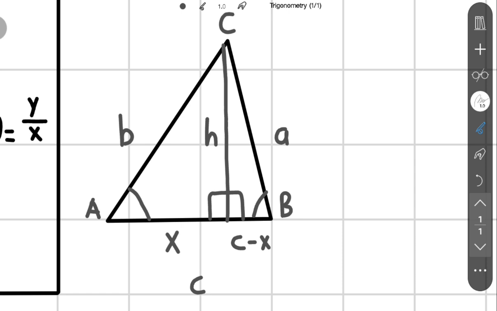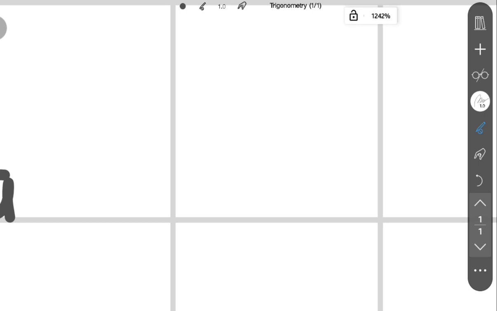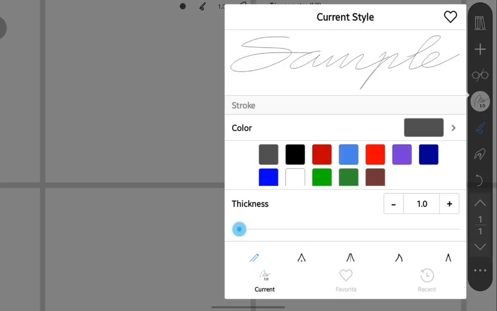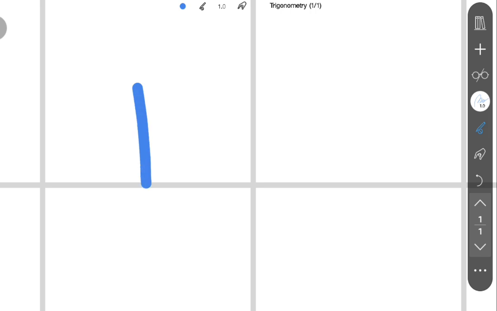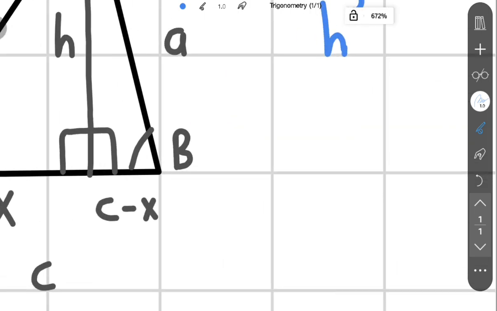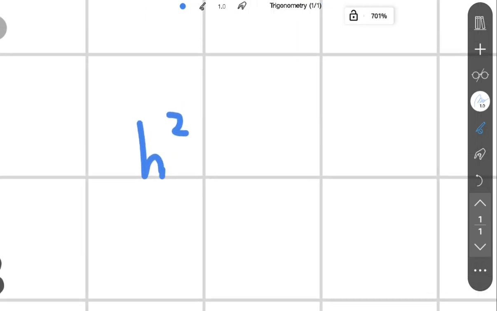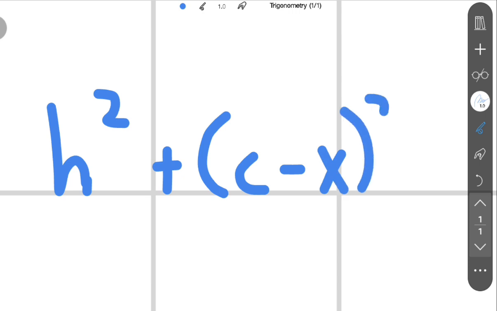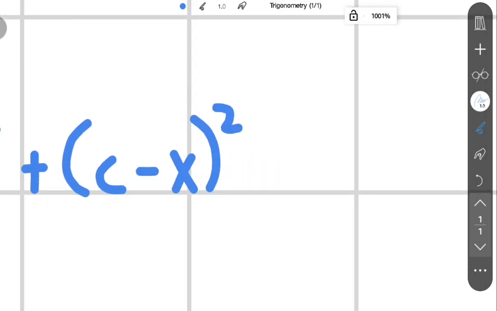Let me write this down with a different color. I have h squared plus c minus x all squared equal to a squared.